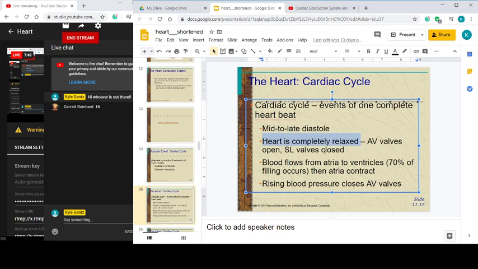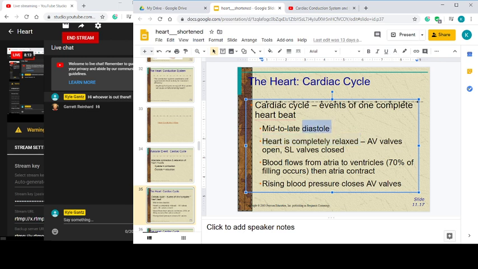There's really not any contraction going. The atria aren't contracting, the ventricles aren't contracting, so the AV valves are open and the semilunar valves are closed. And that is mid to late relaxation.